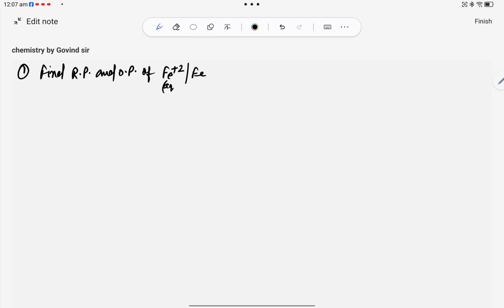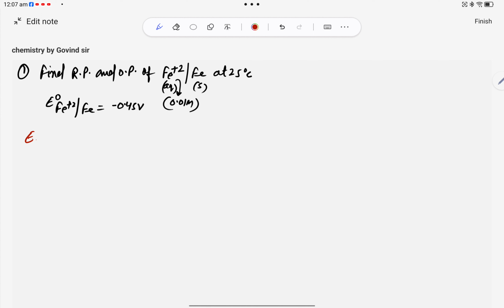This is aqueous state and this is solid state, at 25 degrees Celsius, and the concentration given here is 0.01 molar. E naught of Fe+2 to Fe is given as minus 0.45 volt. So how to solve?